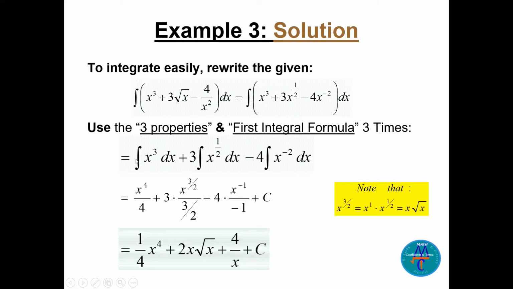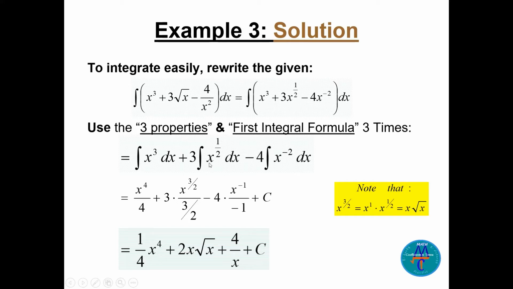So this will be integral of x cubed dx, you see that? Plus 3, this is a small constant here, 3 outside, 3 integral of x power half, because this is square root of x, dx minus 4, another constant here, integral of x to the power minus 2 dx.